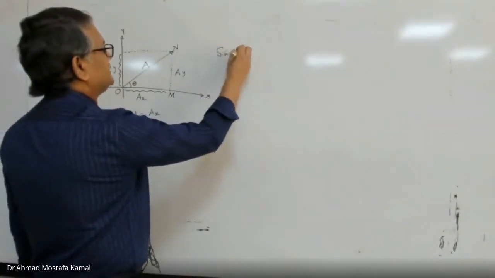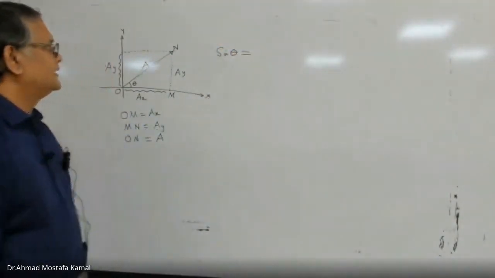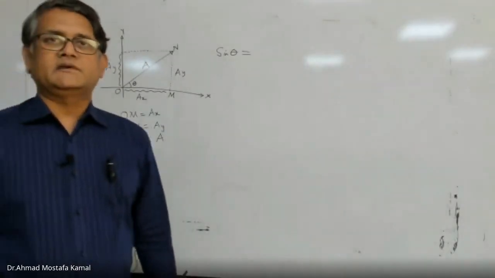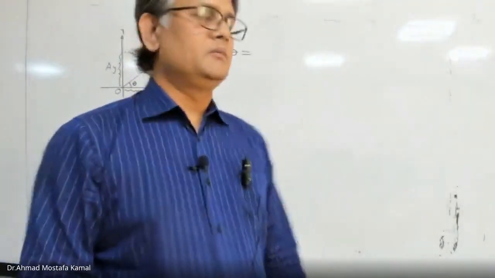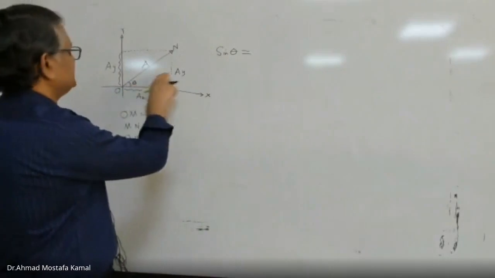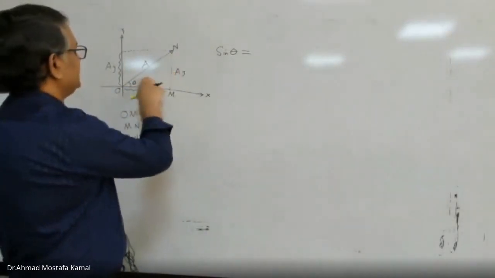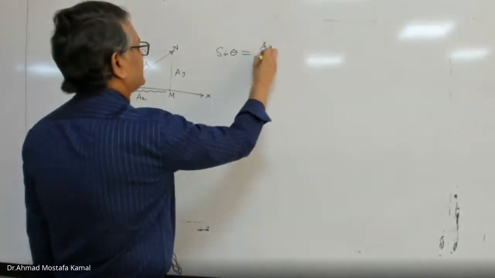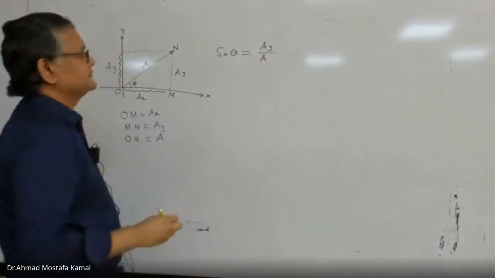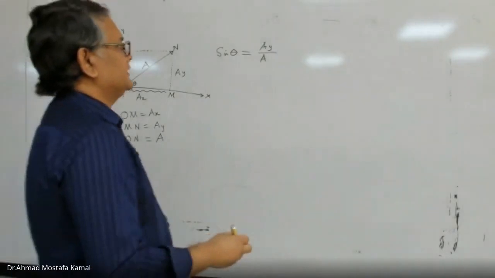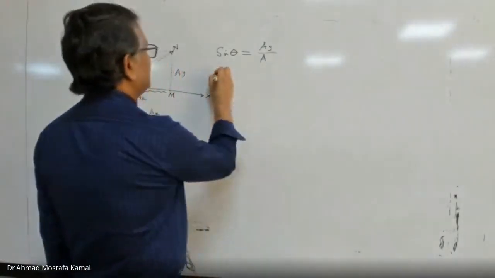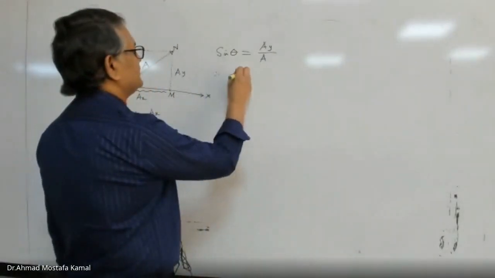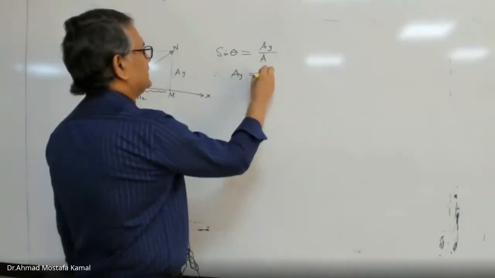Sine theta is by definition opposite by hypotenuse. This perpendicular opposite is AY and hypotenuse is A. So sine theta is AY by A. From this relationship, we can write that AY equals A sine theta.